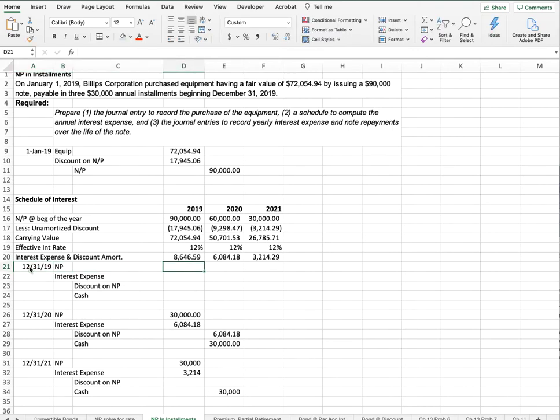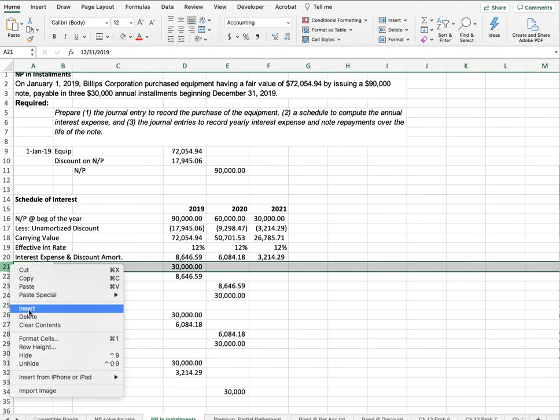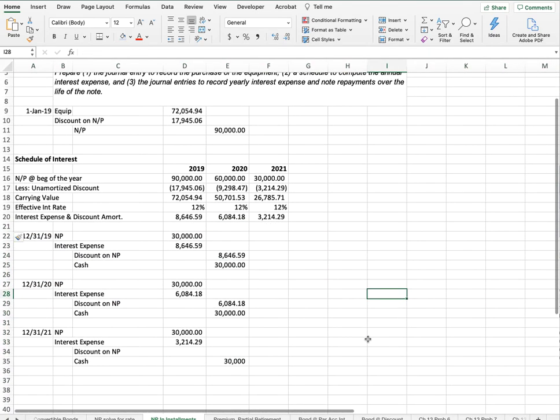On 12/31/2019, we needed to record our $30,000 notes payable and cash, and then the interest expense, that's where the $8,646.59 goes. We'll just add one more row here to create some separation.